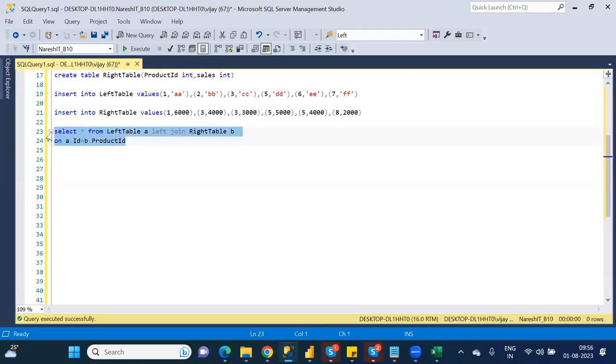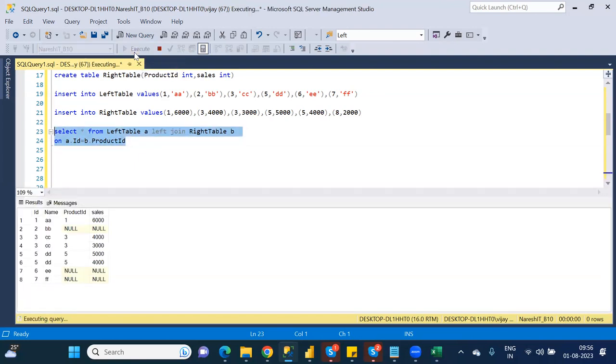See, now execute this one. Both the table columns will come. How many records will be displayed? After executing, if I want to see how many rows, then on the bottom right corner, you will see how many rows there are.